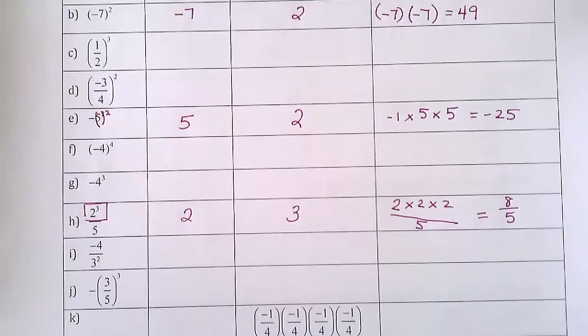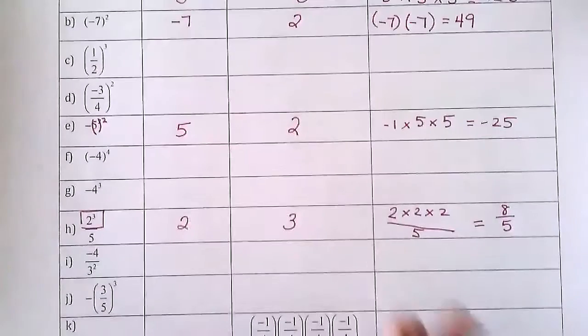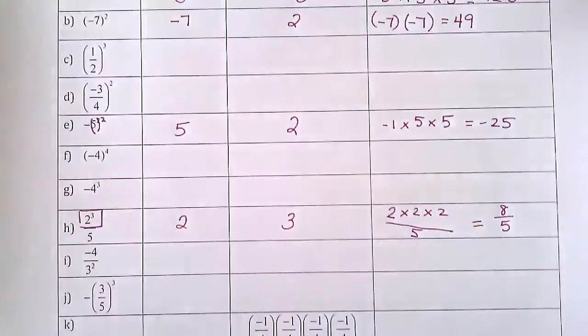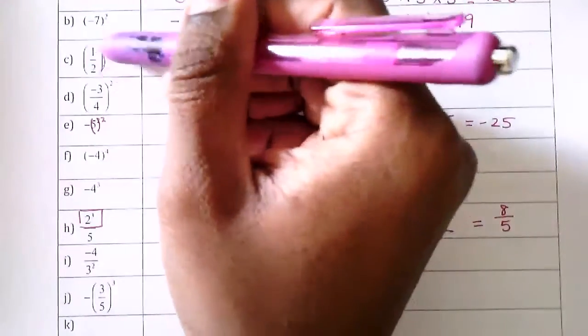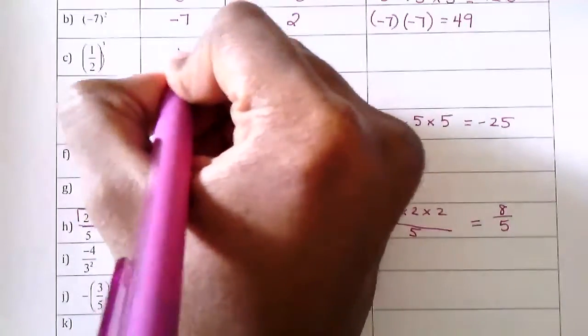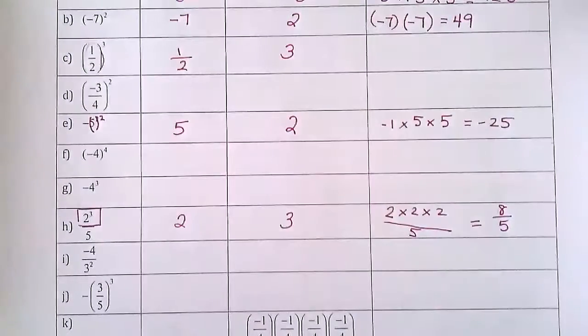Okay, so maybe I'll show you another fraction one, and then that's it. So if I take a look at this fraction, again, what's the base? Well, I see brackets. Everything included in the brackets is my base. So my base is half, and my exponent is 3.